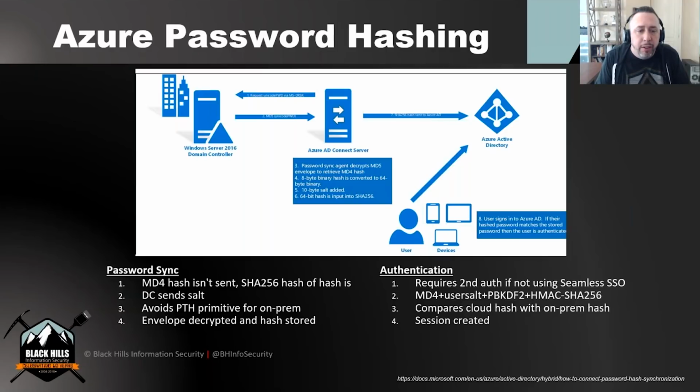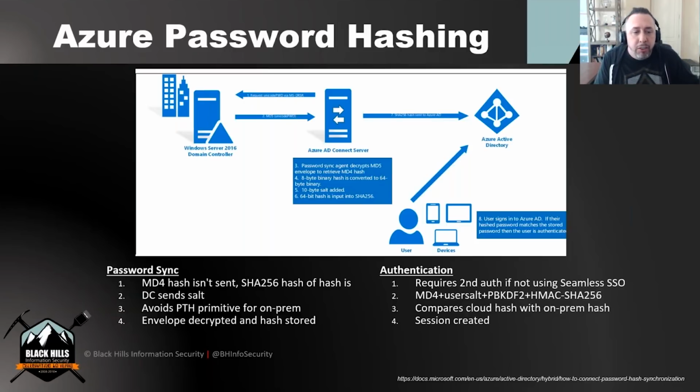And so then what happens is as you authenticate against Azure Active Directory, it's going to hash your password, and it's going to compare that hash with the stored hash to determine whether or not it's the right password. That's how it happens, and it happens on an interval. I think you could fine tune a lot of this, but it's a fairly good model for being able to cache user passwords in that environment.